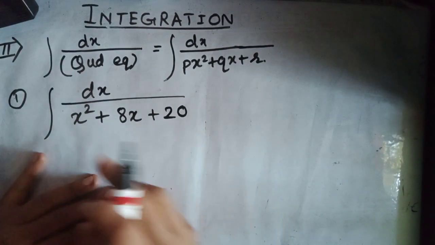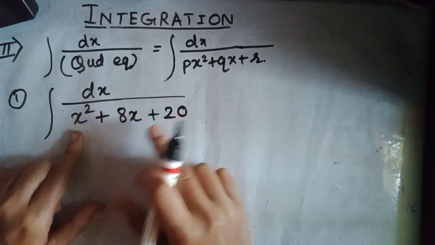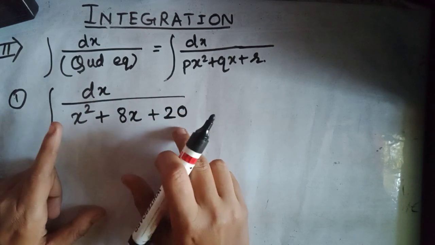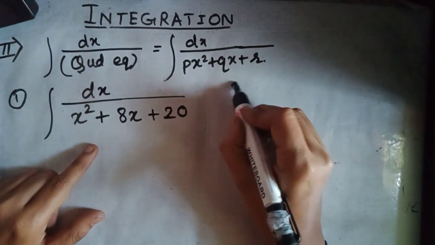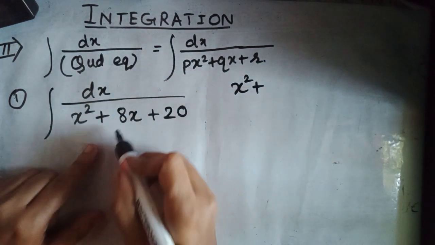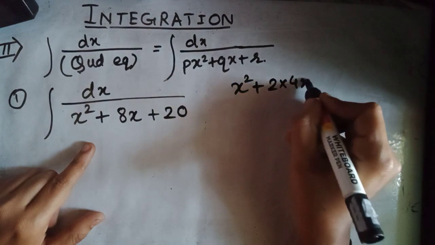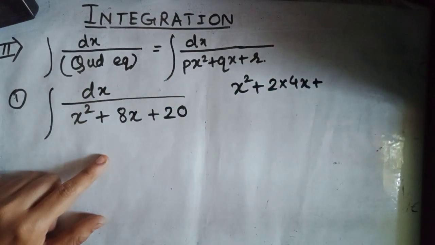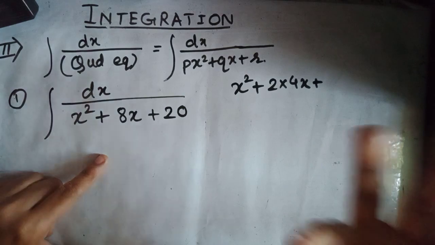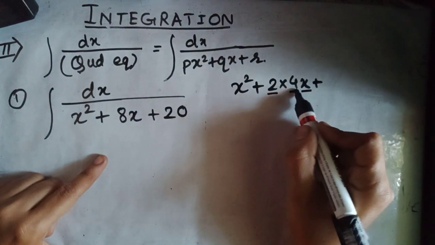Let's solve this. So this is x square plus 8x plus 20. You have to write it in the form a plus b the whole square. So I will write here x square plus 8x, you can write it as 2 into 4, right? And the last term, if you have to write it as x plus something the whole square, this is your 2, this is your a, and this is your b.